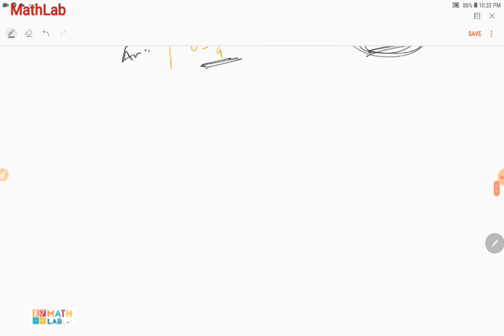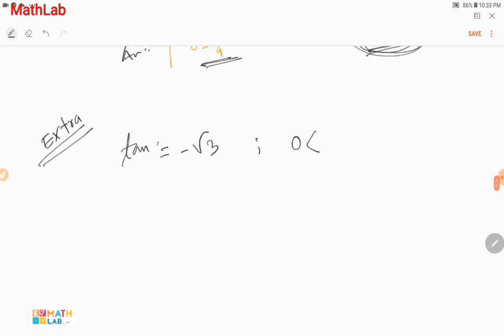Now an extra one. If your question is like this, tan alpha equals minus root 3, and your condition is 0 to 2 pi.